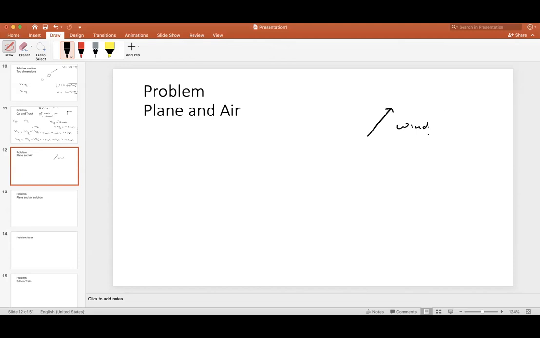There's a wind moving at an angle of 70 degrees north of east, meaning east is the x-axis, and this is 70 degrees north of east, at 65 kilometers per hour, okay?